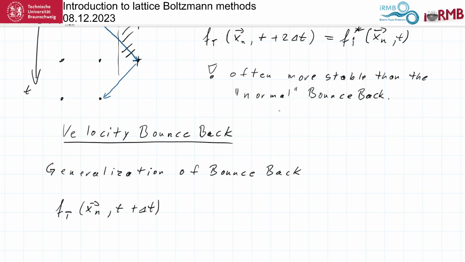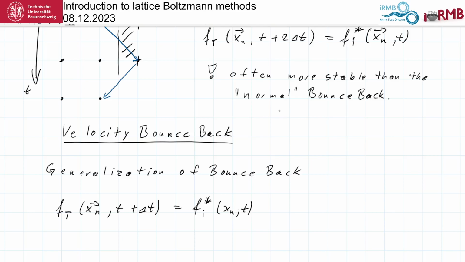So this is the non-delayed version, but we can also write it as the delayed version. So the new population here is equal to the previous population going out at t. So this would be the usual bounce back. Yeah? And then in order to give a velocity on top of this, we just add the momentum.